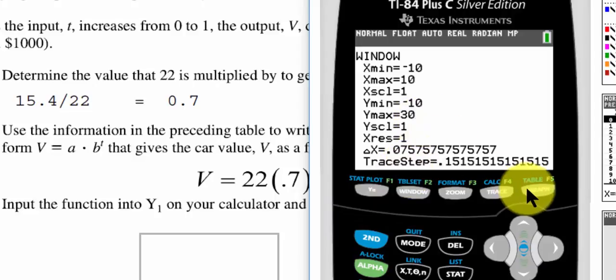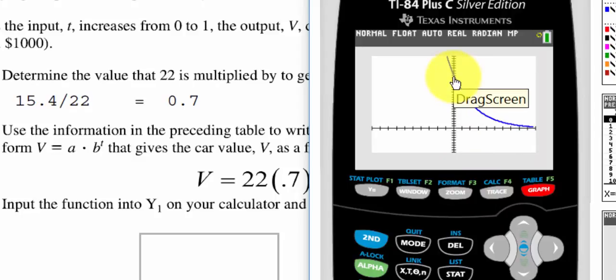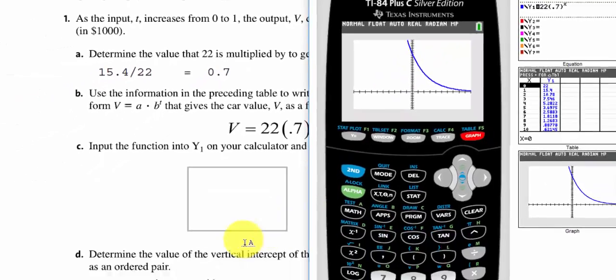Now press graph. You see this dot here? This at 0, 22. That's where the function crosses the y-axis, which is also known as the vertical intercept. So the vertical intercept is the point on the graph that crosses the y-axis, and that point is 0, 22.